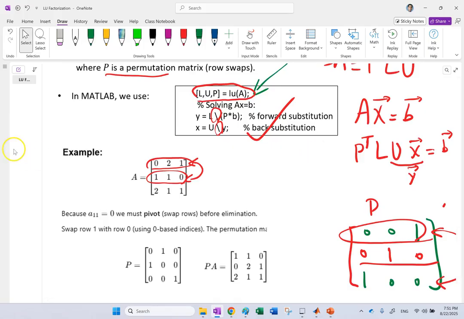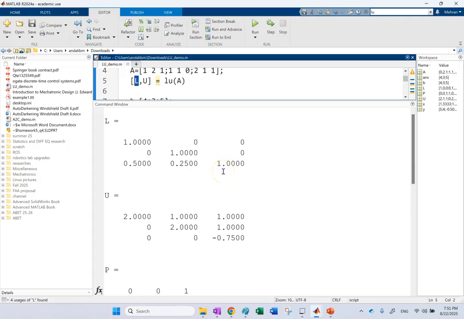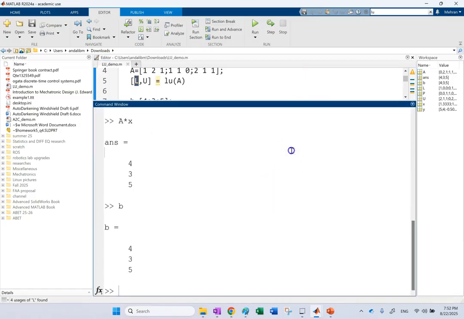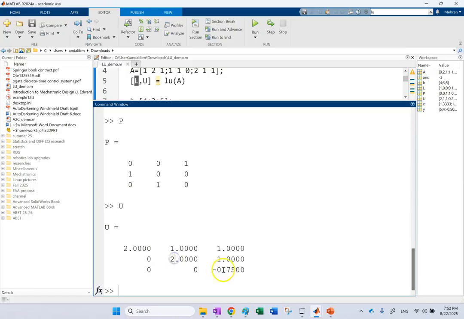Now, by the way, since I talked about the determinant, let me show you one case here. In this case, the determinant of A, look at it, it's -3, right? And let's look at the determinant of L. L has determinant 1, U has determinant -3, and P has a determinant of 1.